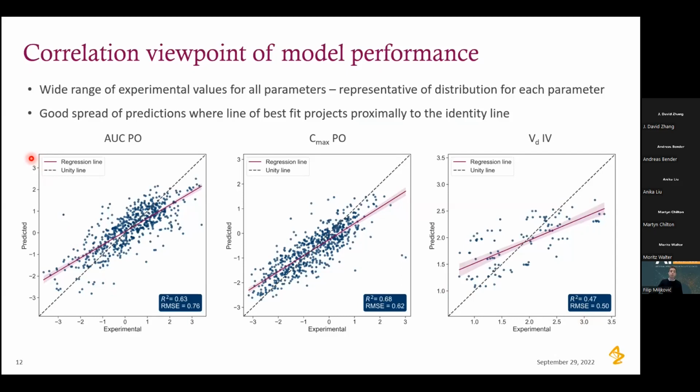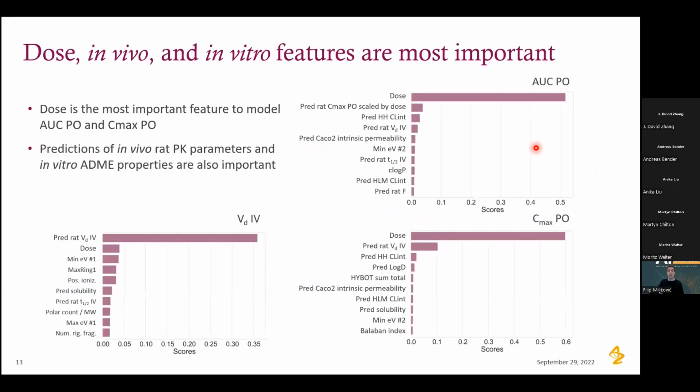And equally, the predicted values were spread out quite well. Best performance was achieved for AUC-PO and Cmax-PO, as you can see based on the correlation plots, and to a lesser extent, the volume of distribution IV. However, all 3 models are fit for purpose and to be progressed for further analysis.